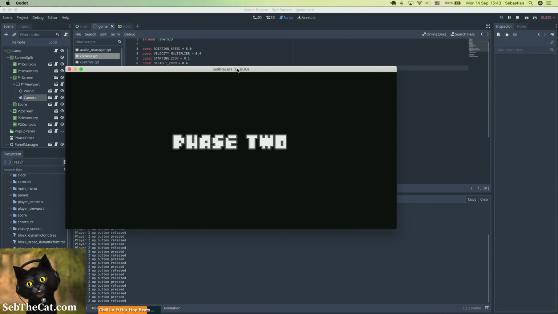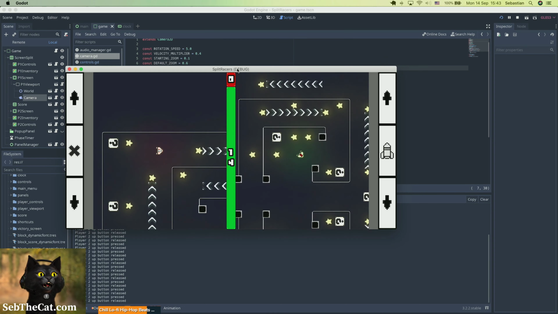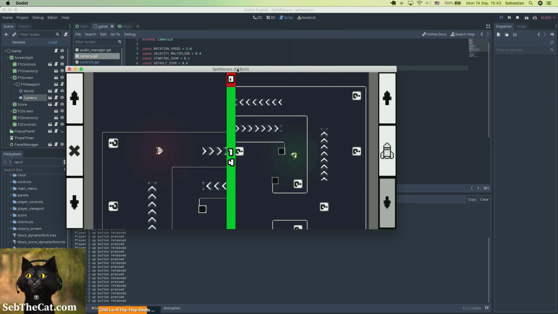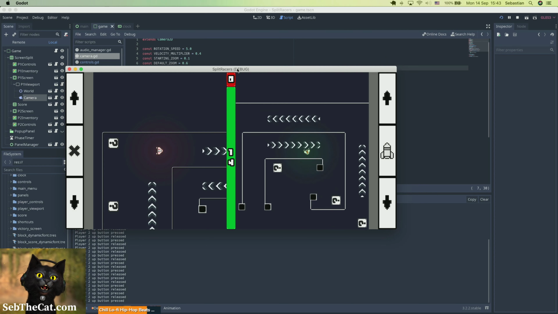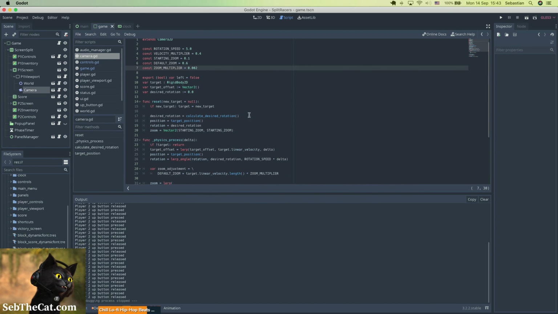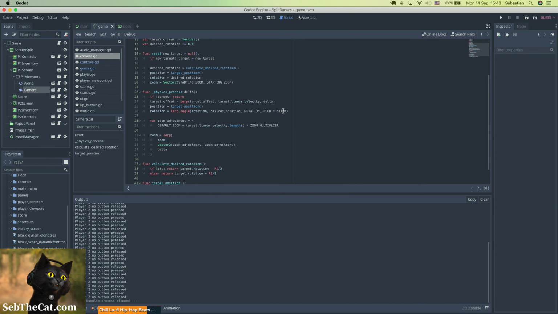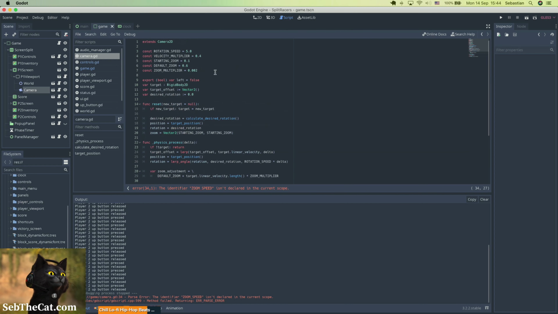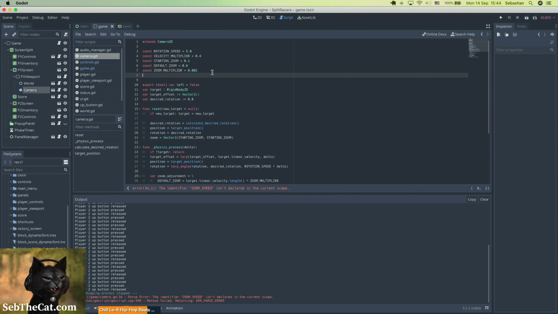Phase 2. Okay, I'm kind of happy with that. And we've done a little bit of linear interpolation, although I think that linear interpolation is actually too fast. So the rotation relative to delta, I think, makes sense. However, this, I think we're going to times this by zoom speed. And let's create another constant, zoom speed.